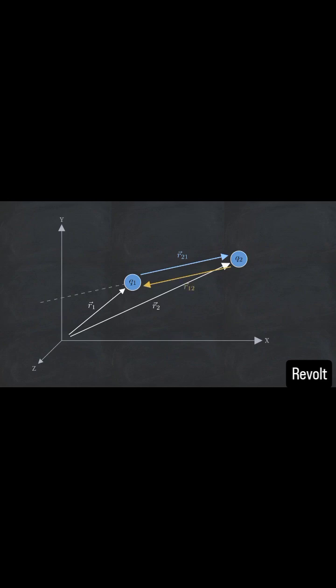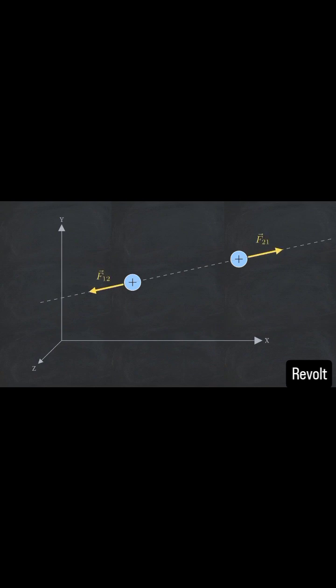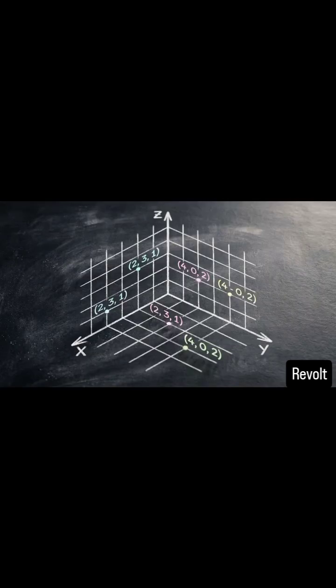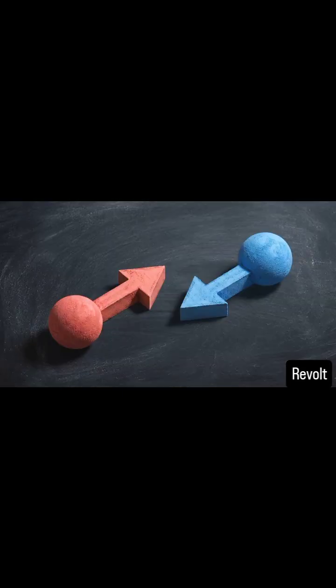These unit vectors establish a precise line of action between the two particles. The final force vectors project along this line. If the charges are the same sign, they project away from each other. If they are opposite, they project inward. Using vector notation ensures the model correctly maps the space and automatically satisfies Newton's third law. The force on the first charge is equal and opposite to the force on the second.